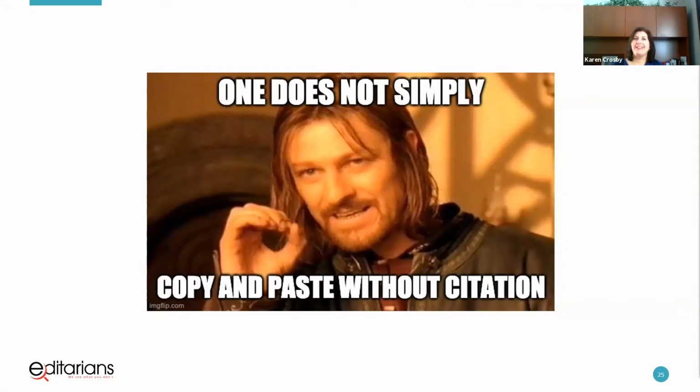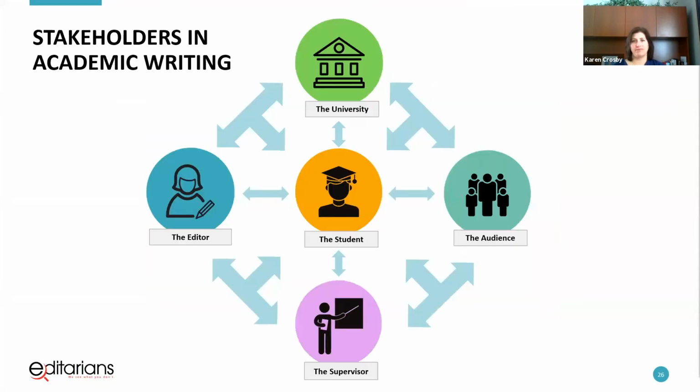But it's one thing to understand what not to do. It's another thing entirely not to do it. Editors are practiced at spotting what you may have overlooked, however unintentional. So we can see that editors can be stakeholders in academic writing as one piece of this puzzle.